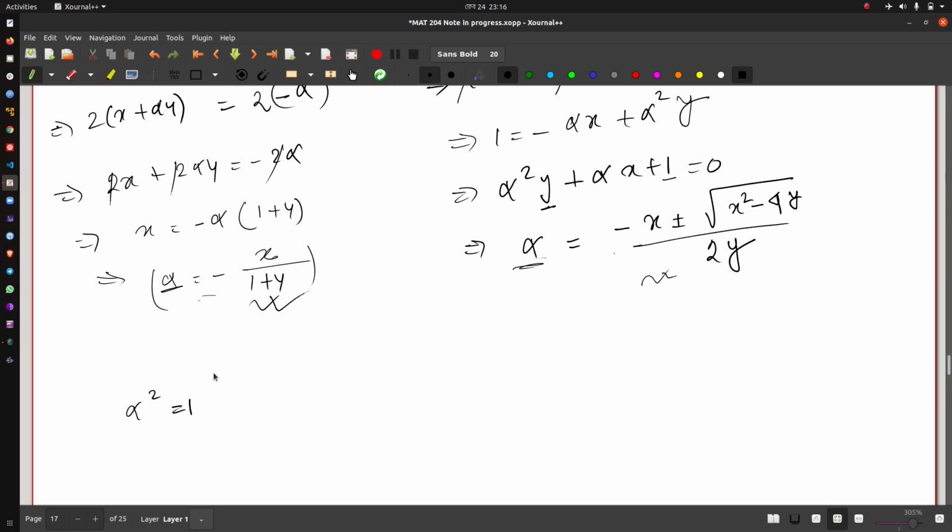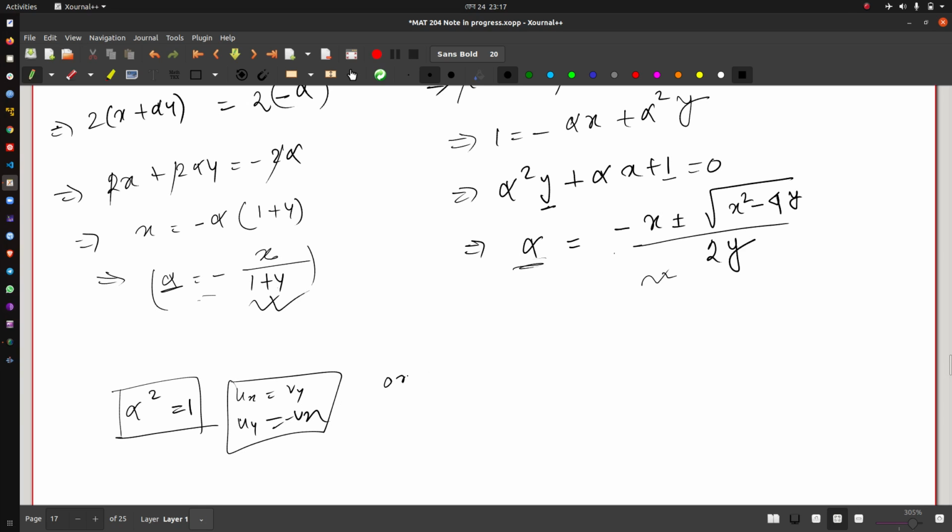That means if your alpha square equals 1, only then these Cauchy-Riemann conditions ux equals vy and uy equals minus vx are both satisfied simultaneously, or whenever x plus minus y is equal to minus plus 1, that means x plus y equals minus 1 and x minus y is equal to plus 1. If you take points in these two lines, only then they are satisfied. Otherwise, the Cauchy-Riemann conditions are not getting satisfied.